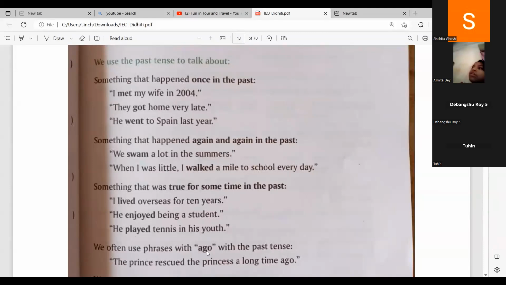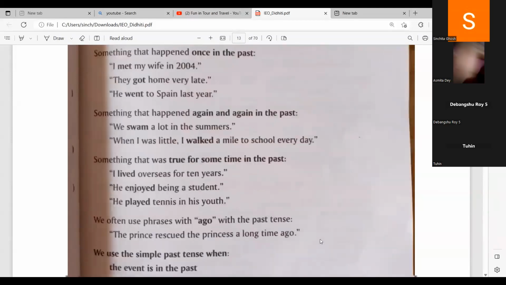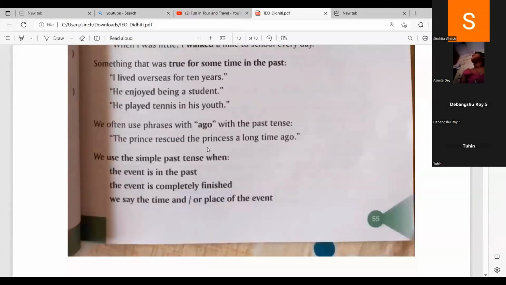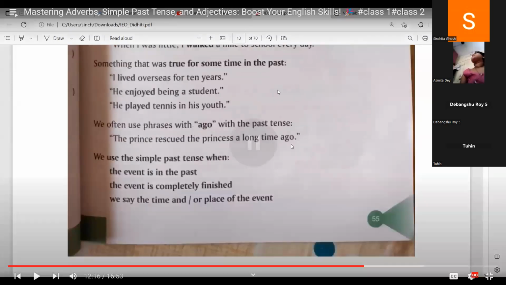We often use the phrase ago with the past tense. What do we say? The prince rescued the princess a long time ago. Okay, Ashmita, can you read it from here, beta? Yes, ma'am. We often use phrases with ago with the past tense.